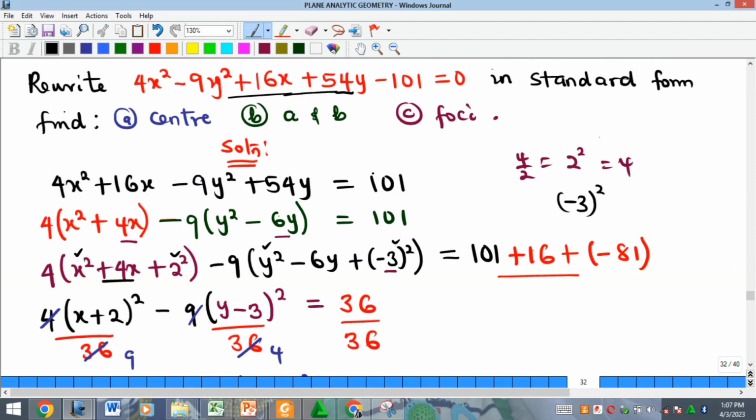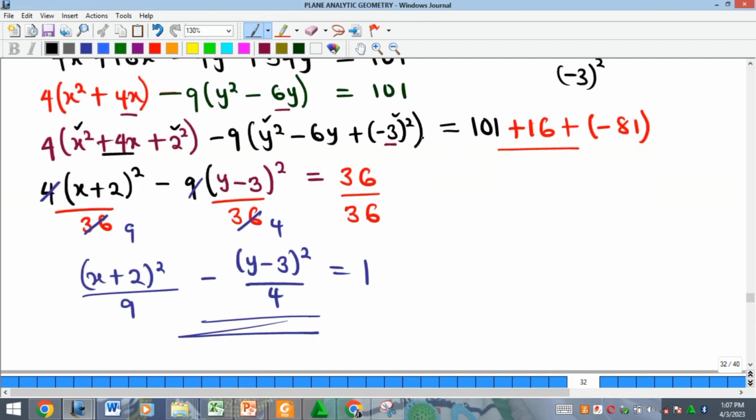Okay, so from here we need to look for the center, look for the a and b, and then the foci. So let's quickly do that. The center of this particular equation is simply the negative of the numbers inside the brackets. If I take the negative of 2, I will get minus 2, comma, and if I take the negative of minus 3, I will get positive 3, and that is my center.